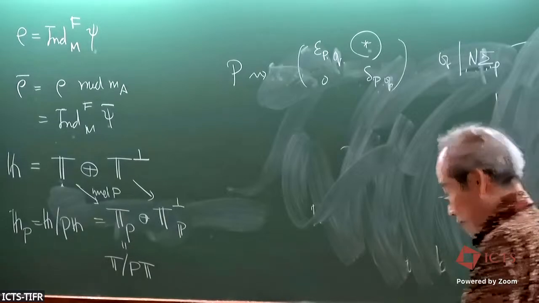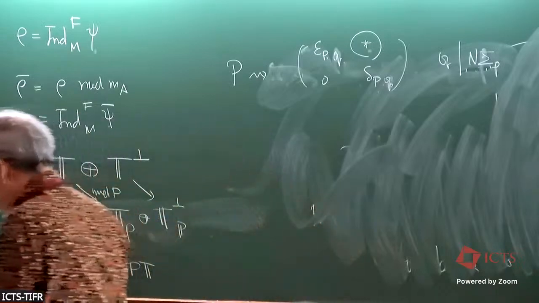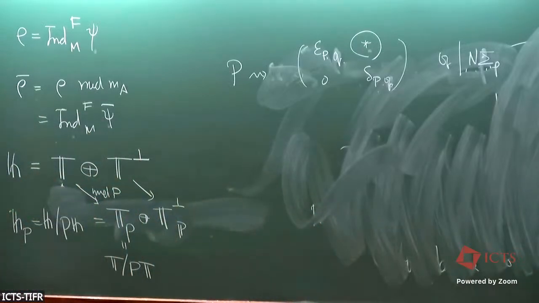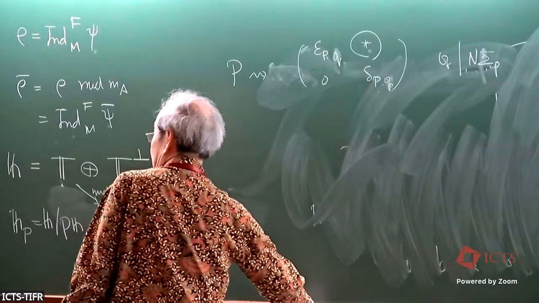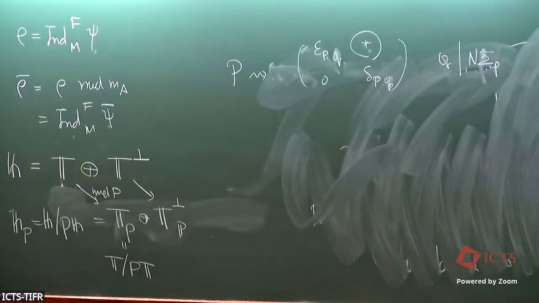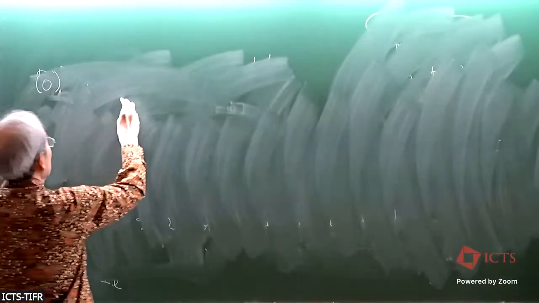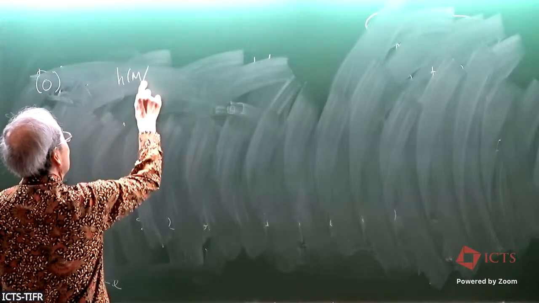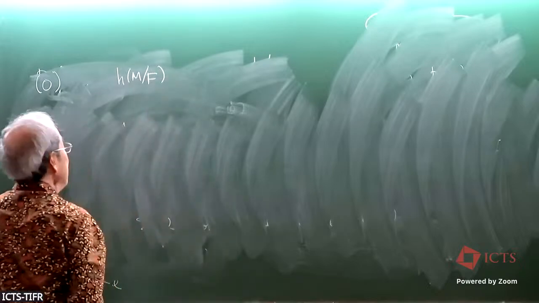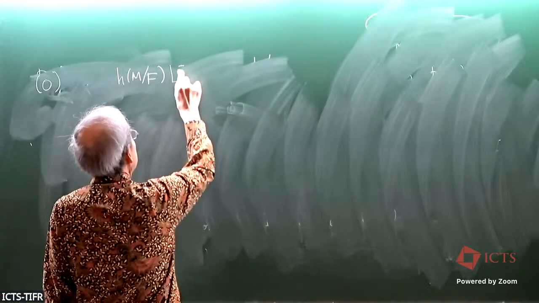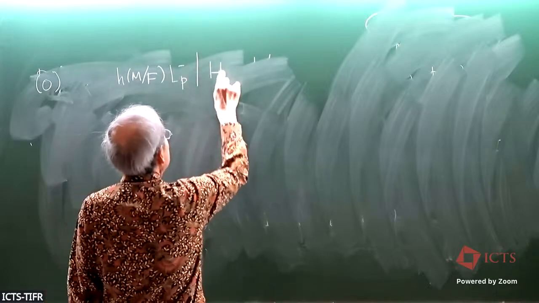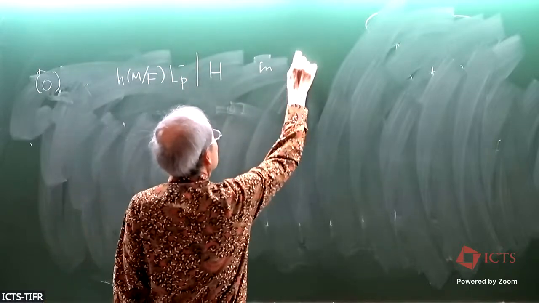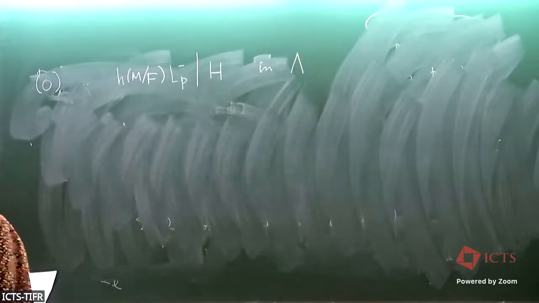Okay, so I basically repeat the reduction process. The number 0 thing is what Jack proved, that HMF, and I sort of augmented that L minus P divides H in lambda.